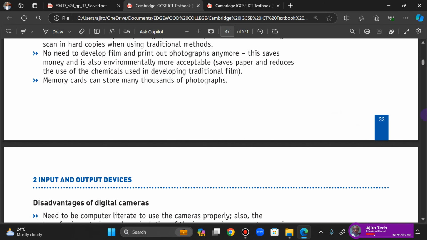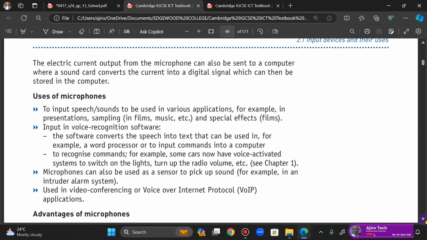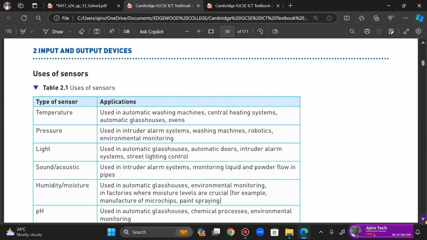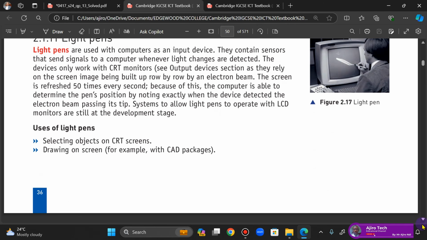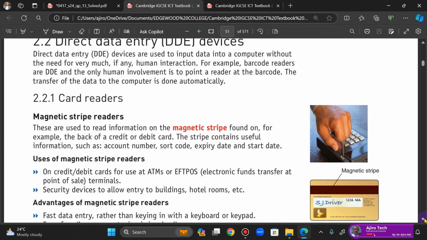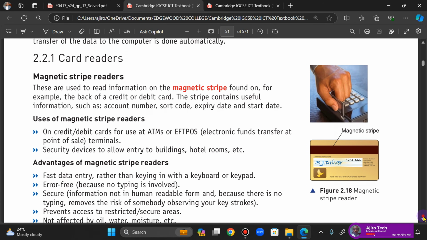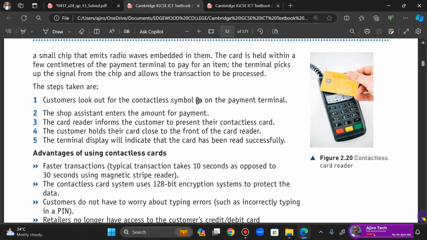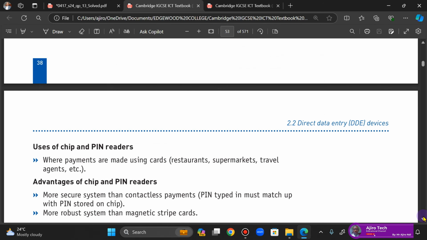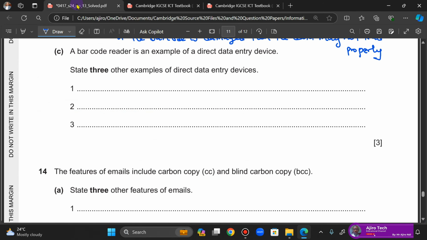This is inputs. So the first one we have is the magnetic stripe readers, the card readers really. You can just put card readers to cover them, or chip and pin readers. We have radio frequency identification readers.